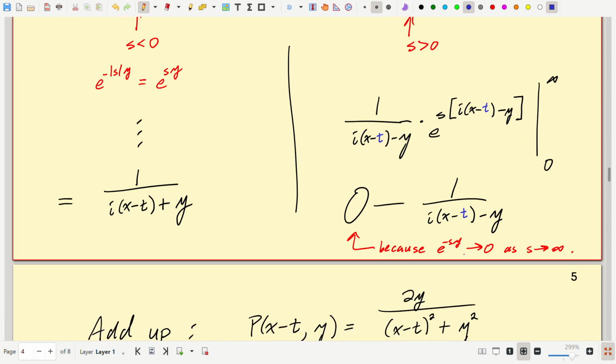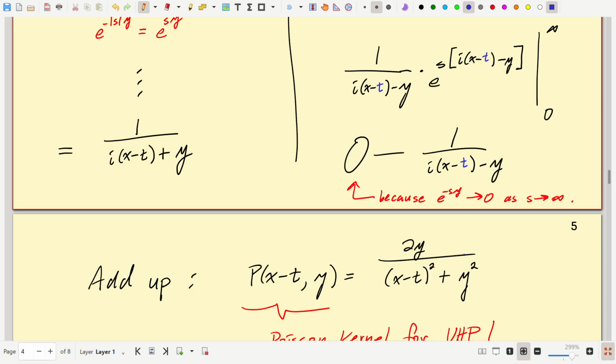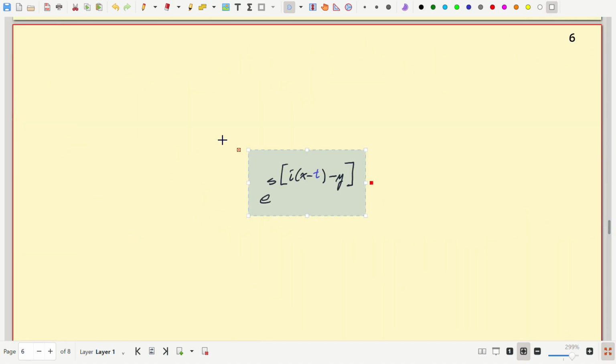I was kind of in a hurry back there, but let me do it down here. Let me copy this thing here. So what is this thing?